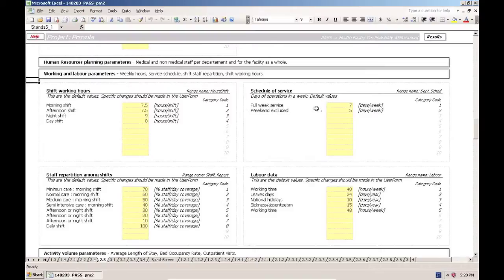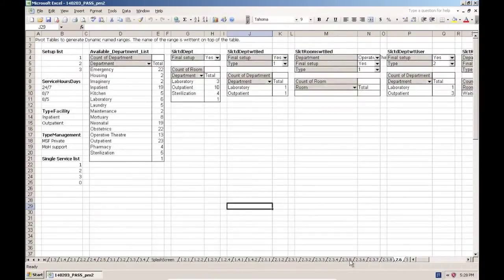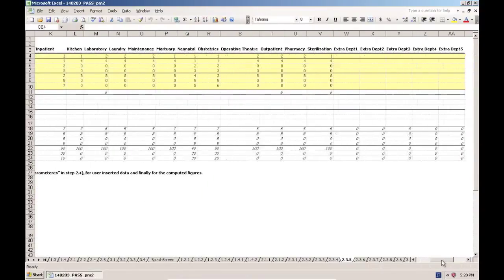For the schedule of service, therefore the number of weeks, the number of days per week, you have only two options here, 2 and 7, and you have therefore to insert one of two in the table that we just saw, and that would correspond to 7 or 5. So in this table, in the yellow cell, again the default value should be stored.